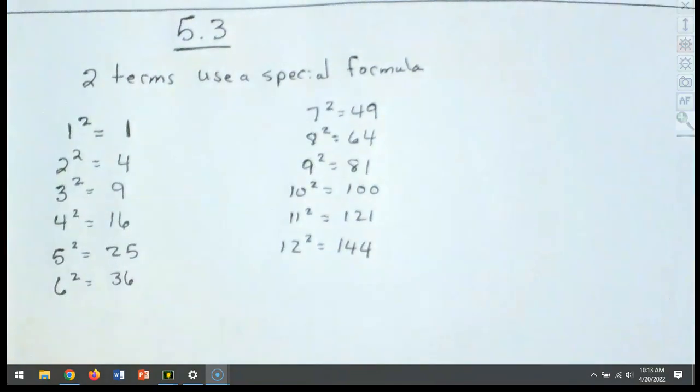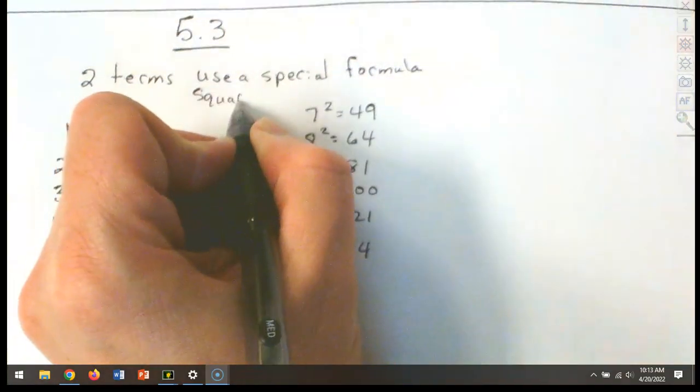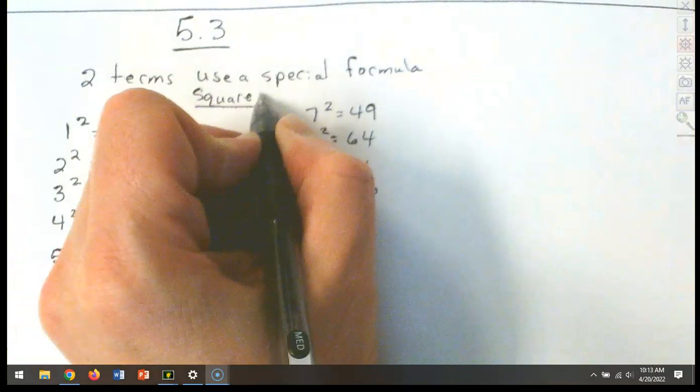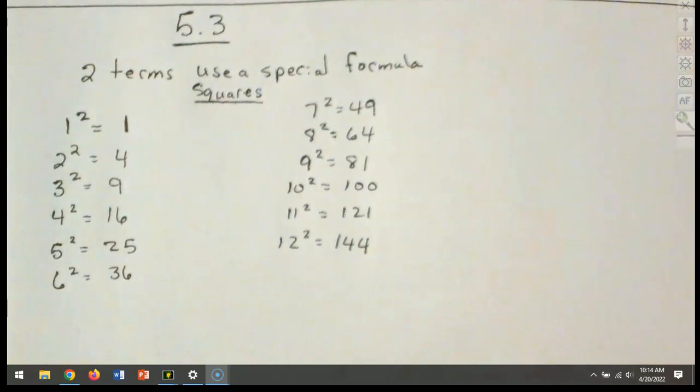So when we work these out, we're going to need to reference back to our table of squares, because these are all the squares. Now, with the squares, we're going to look at a difference of squares.